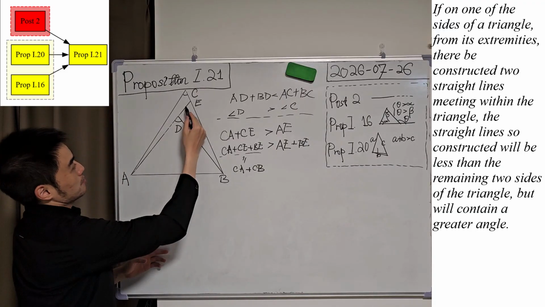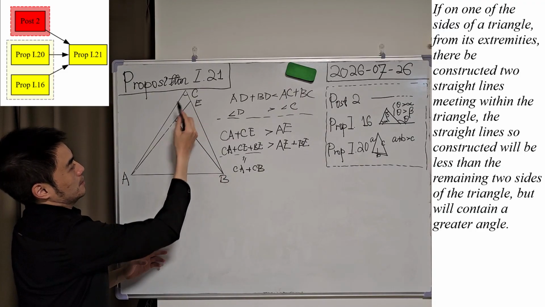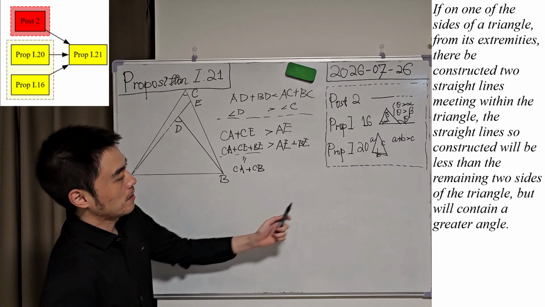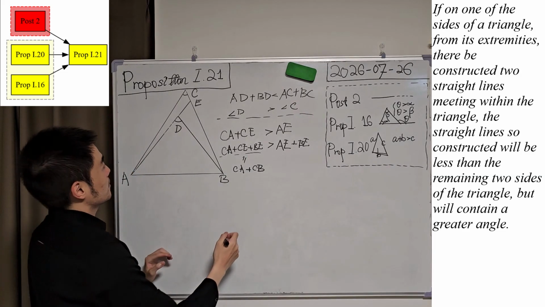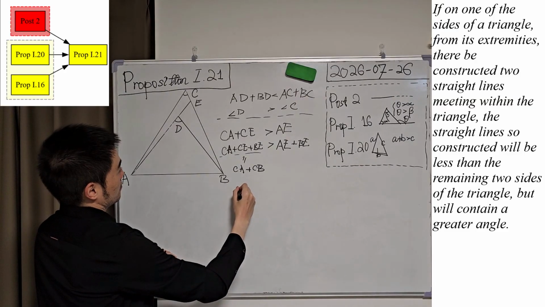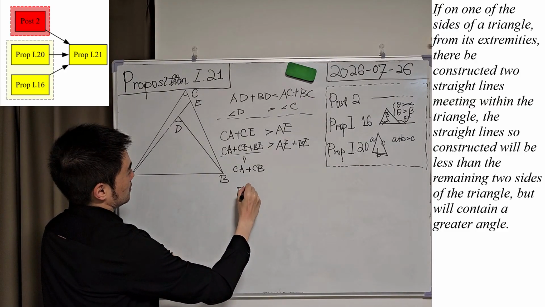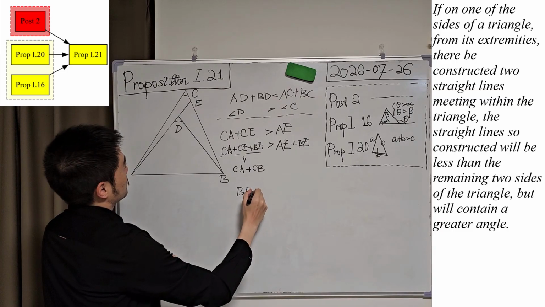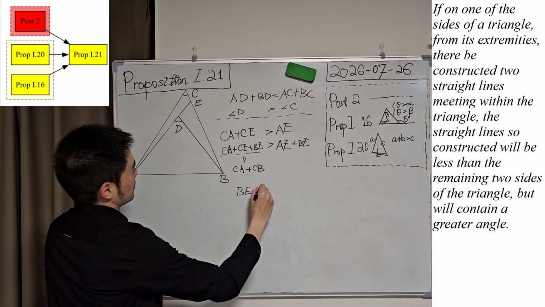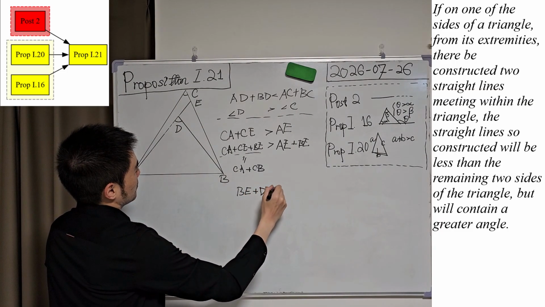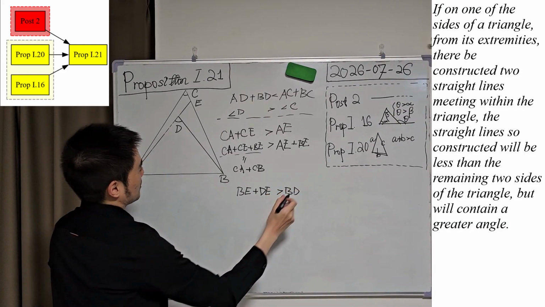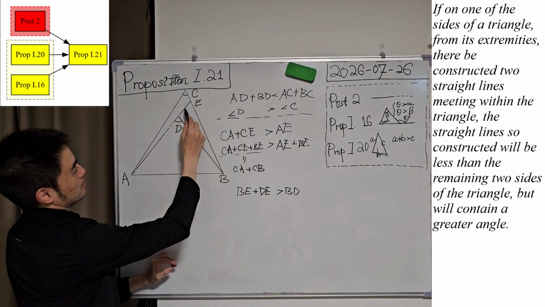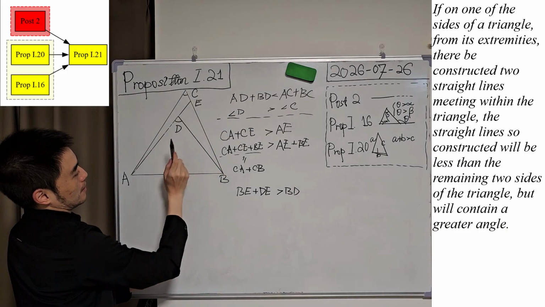And please pay attention to this triangle BDE. If we apply the same proposition, we have this inequality that BE plus DE will be greater than BD, right? So this side plus this side will be greater than the third side.